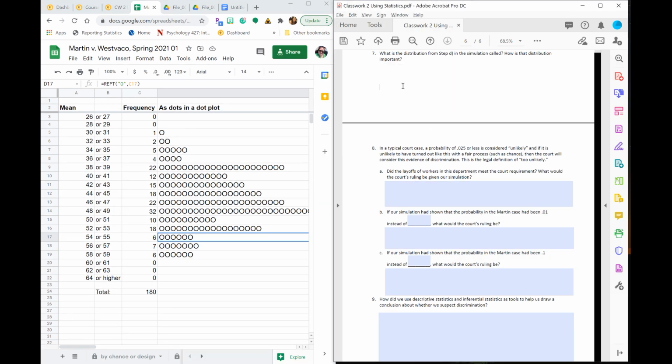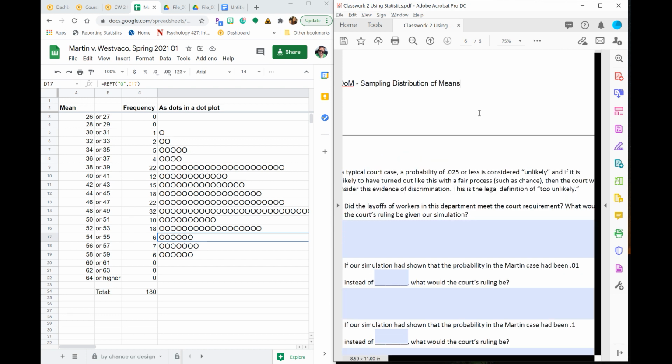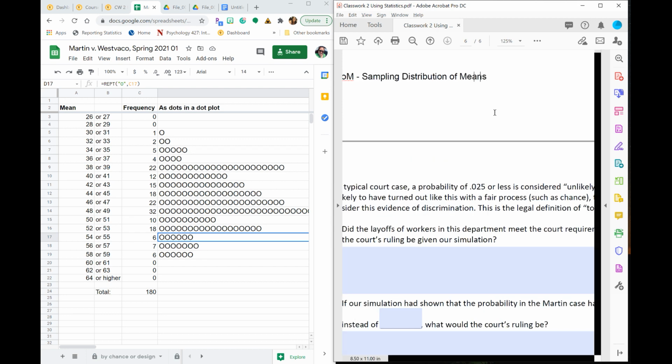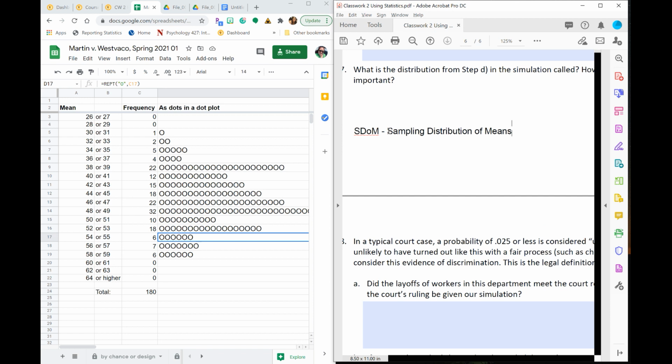So we're talking about that SDOM. The SDOM stands for Sampling Distribution of Means. Let me go ahead and make this bigger. Right, so the SDOM, it's just shorthand for sampling distribution of means.